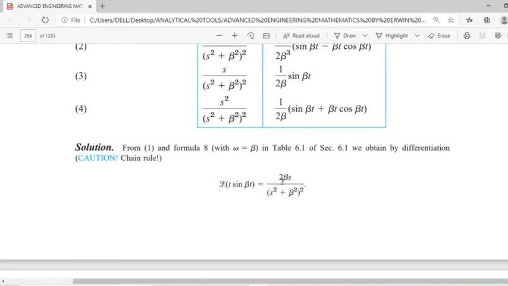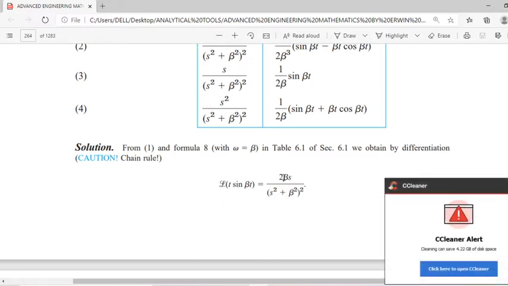Minus beta by (s square plus beta square) all square into the derivative of s square plus beta square, that is 2s.